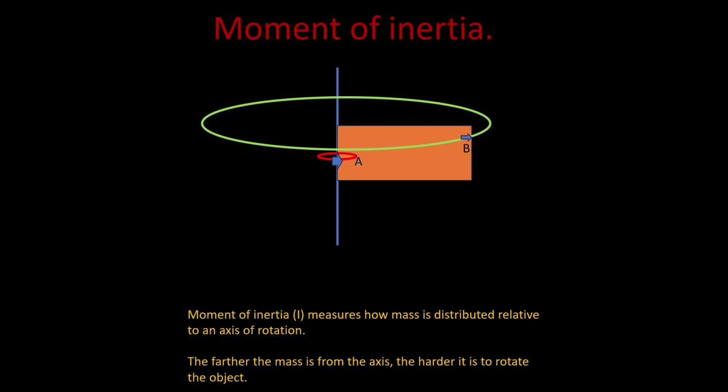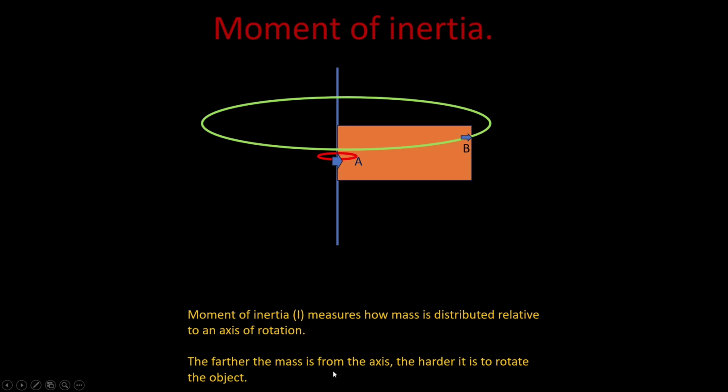Now suppose we want to open a door. We always push at the farthest point from the hinges of the door. If we push at the closest point to the hinges, we have to press more. This is a practical example. So moment of inertia measures how mass is distributed relative to an axis of rotation.